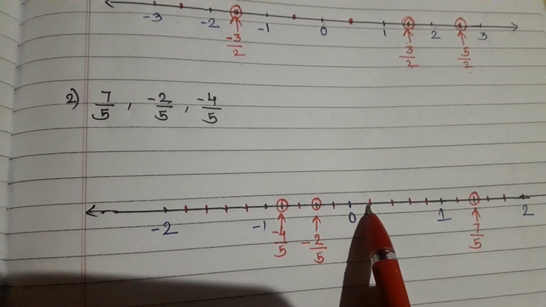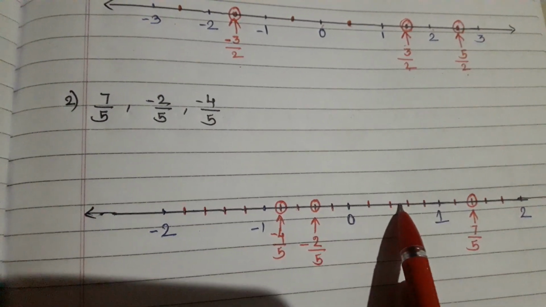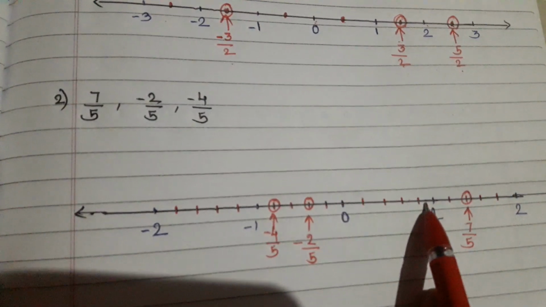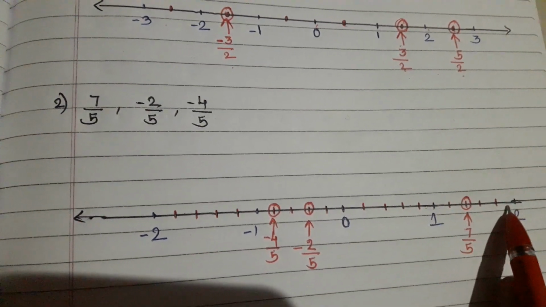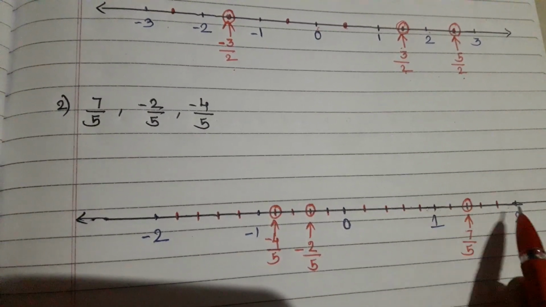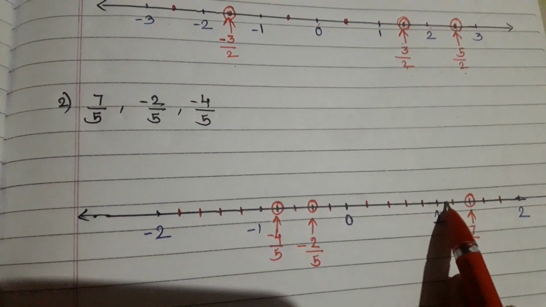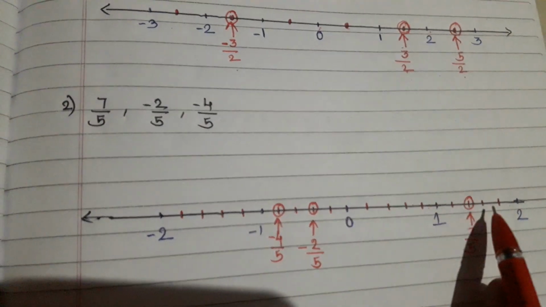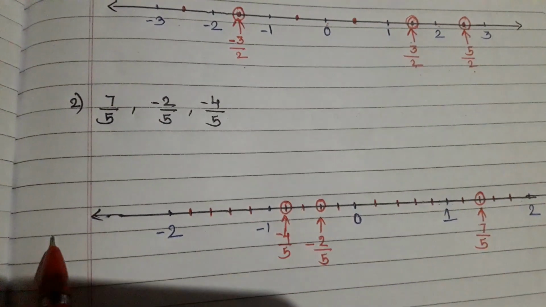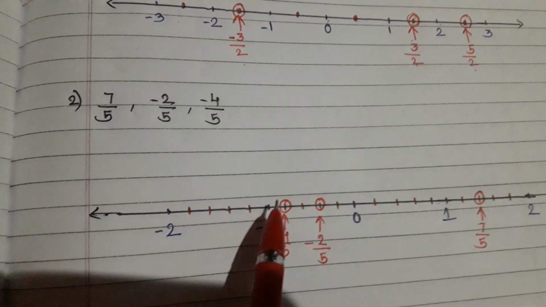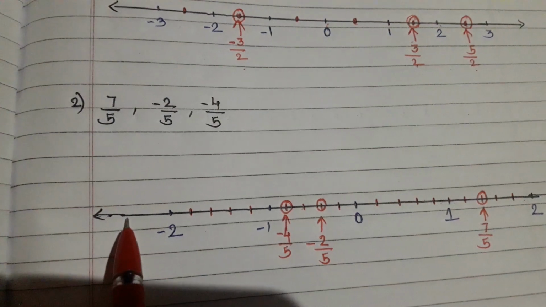This one is the first part, second part, third, fourth and fifth. These are the 5 equal parts. Similarly from 1 to 2, I have also divided into 5 equal parts. It is 1, 2, 3, 4 and 5. In the same way we have to divide on the left side of the 0.